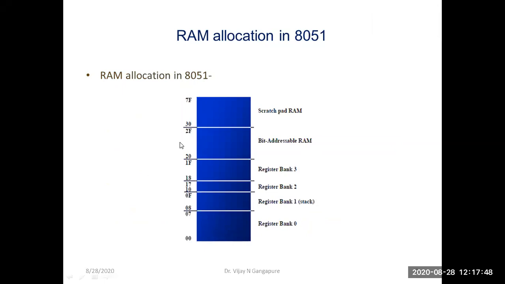So this much memory ranges from address 00 to 7F, that is of 128 bytes. So as I told you, first 32 bytes of this RAM starting from address 00 to 1F covers register bank 0 to register bank 3, these 4 register banks.